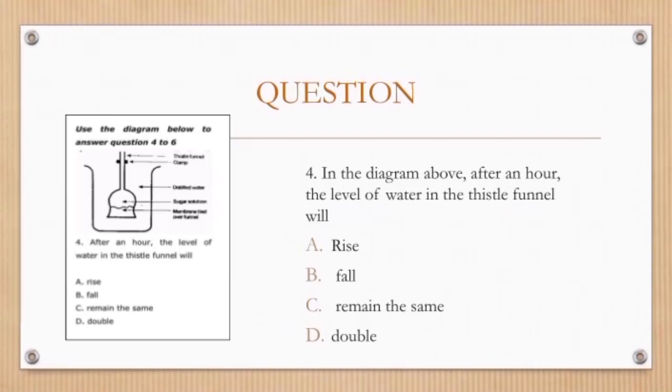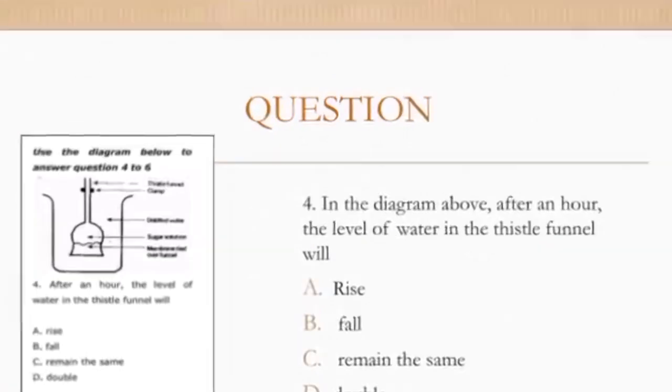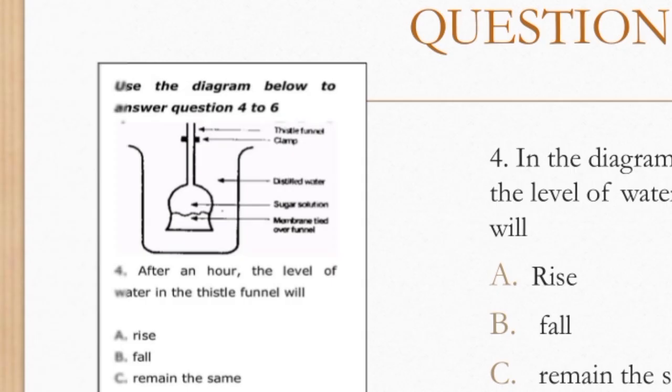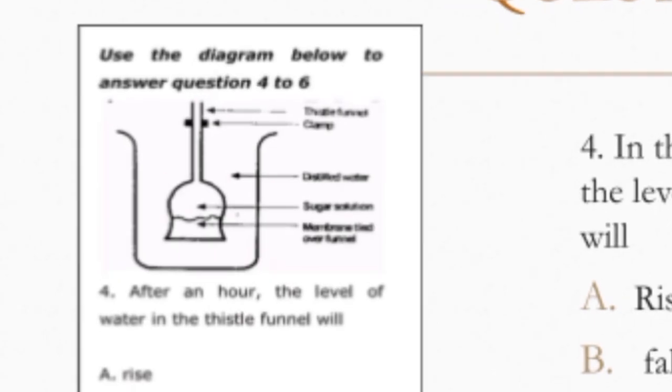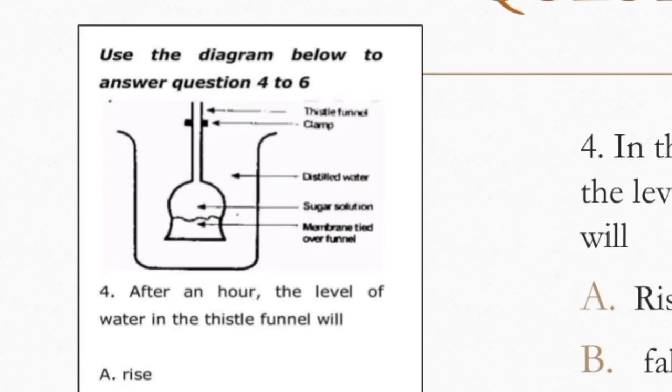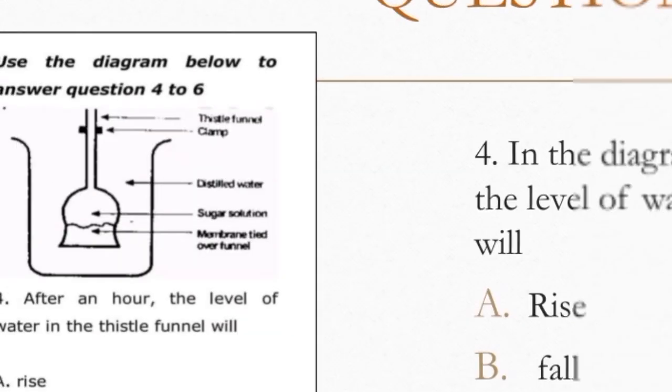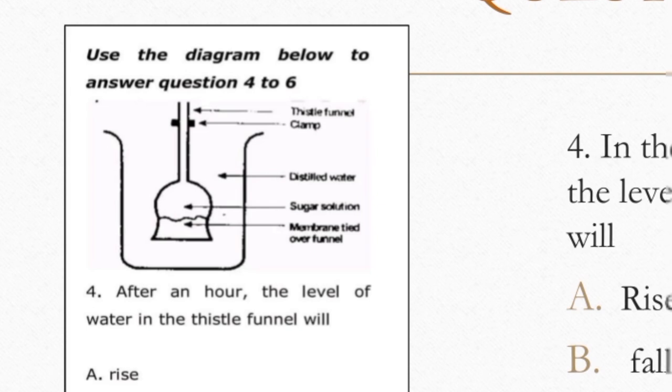In the diagram above, after an hour, the level of water in the funnel will dash. So let's see the diagram very well. In this diagram, they're asking, after an hour, the water in the funnel will: A. rise, B. fall, C. remain the same, D. double.